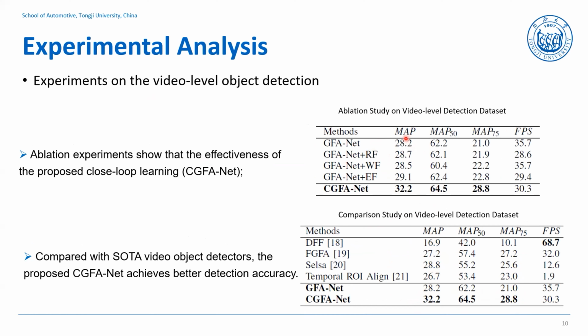We further conduct experiments on the video level object detection dataset. The ablation experiments show the effectiveness of the proposed closed loop learning, and compared with the SOTA video object detectors, the proposed GFA-net achieves better detection accuracy.